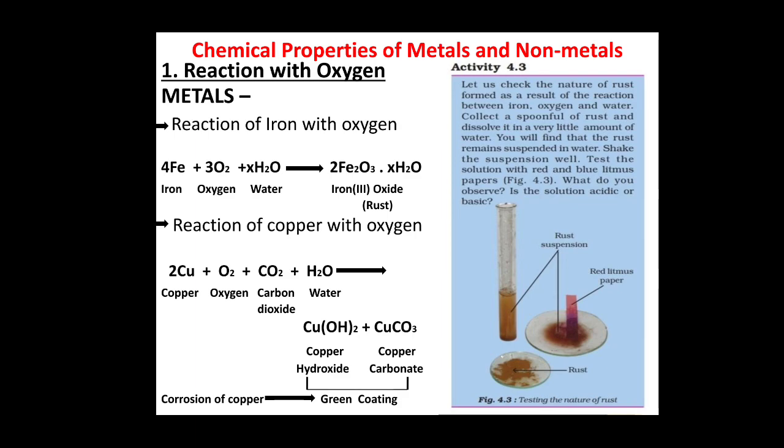You must have seen in any of the copper vessels exposed to the atmosphere, after some time you can see a green coating above it, isn't it? So, that is actually corrosion of copper. Rusting is also considered as corrosion, okay, because the metal is eaten up by this particular process, by this reaction, right.